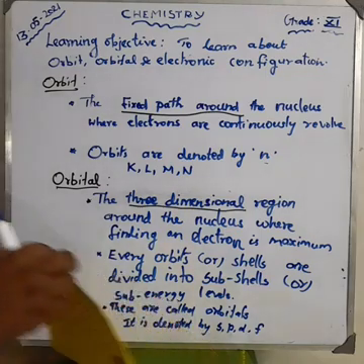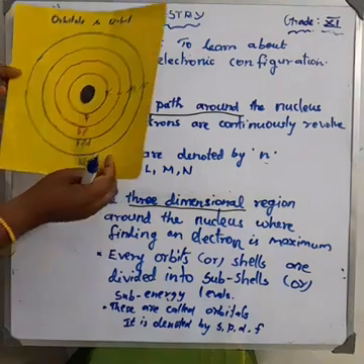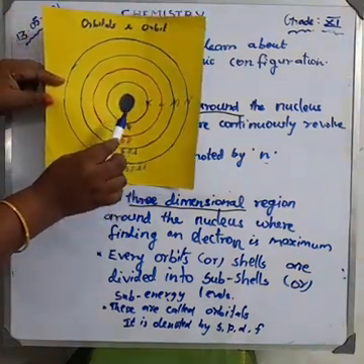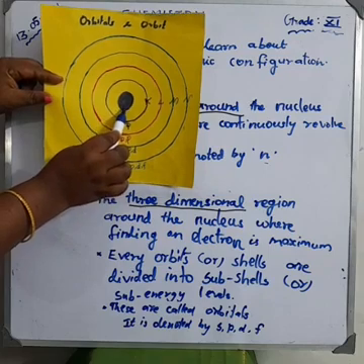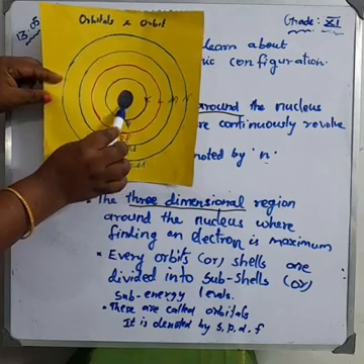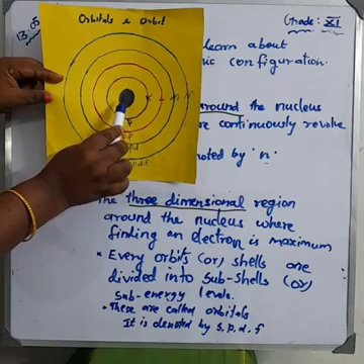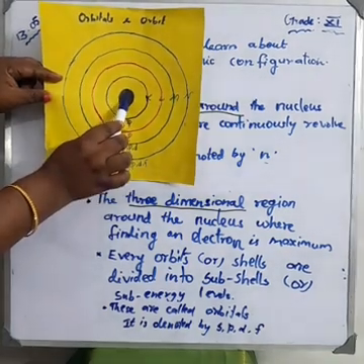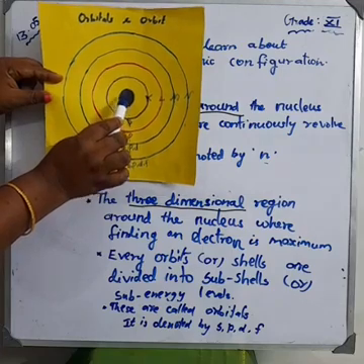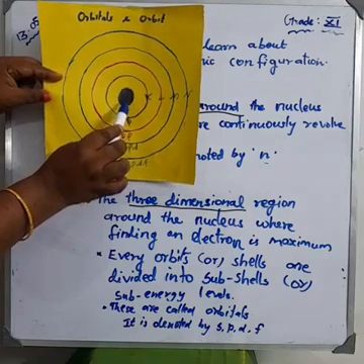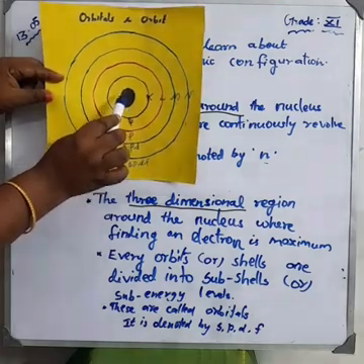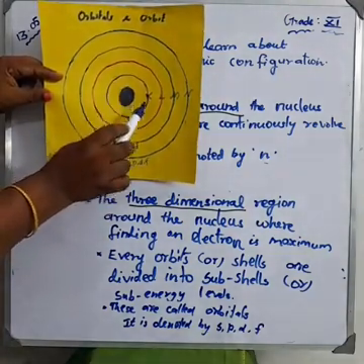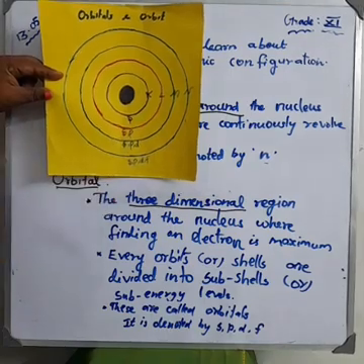Okay. Listen here. This is the nucleus. This is the structure of atom. The nucleus is present at the center of the atom, and this nucleus is positively charged. The protons and neutrons are present here, and this nucleus is surrounded by the electrons.